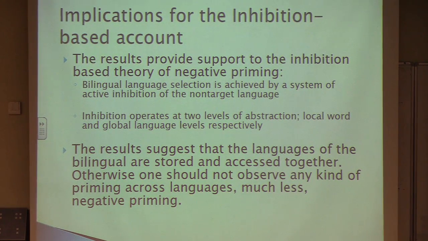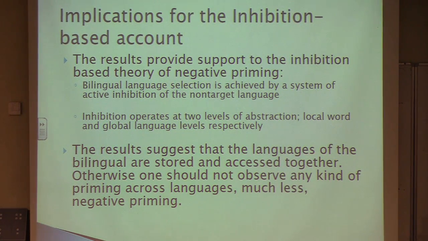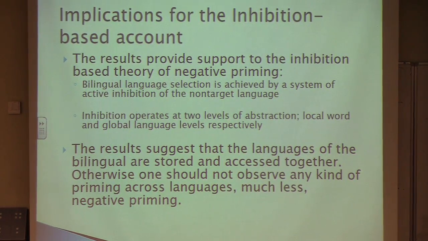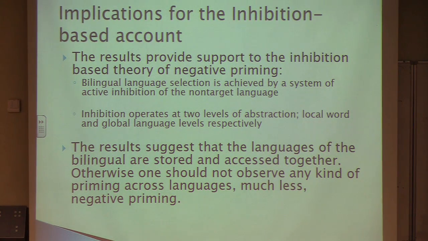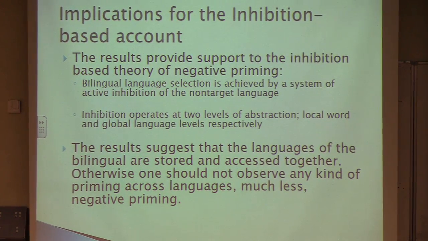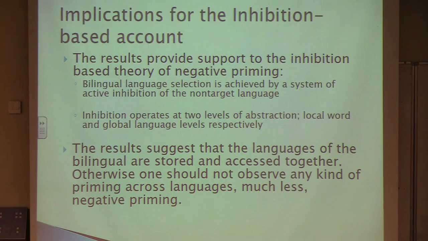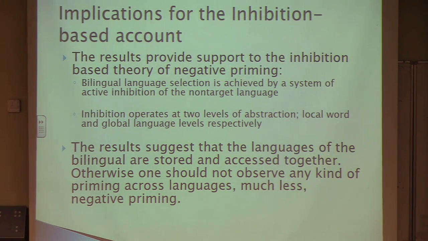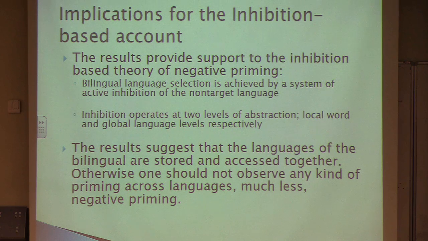Now, let me move to the implications of this for the inhibition-based account. First, the result tells us that selective attention or bilingual language selection is achieved by a system of active inhibition. I posed an earlier question: which mechanism enables one to speak in one language without interference from the other language?